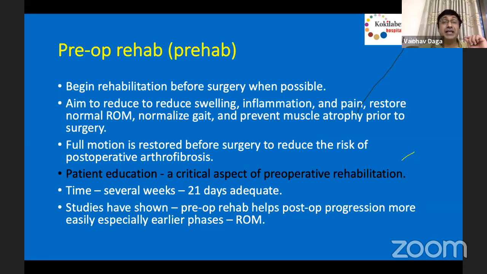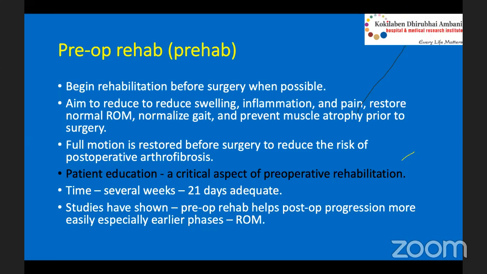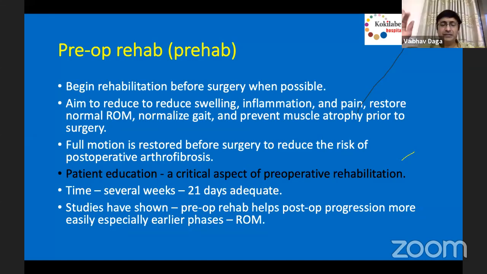A patient should be addressed when they have decided they're undergoing an ACLR. You have to understand that the prehab, or pre-op rehab, period is very important for them. This is where the patient has to be made to understand how long the rehab period is going to be and what the ways are.